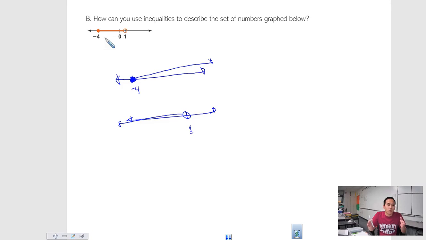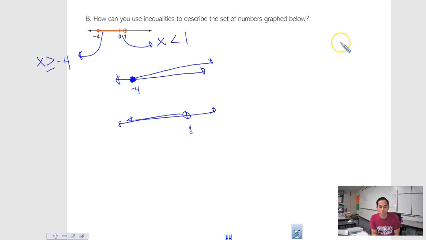So the compound inequality that describes the graph: for this one, we have x is greater than or equal to -4, while on the other one, we have x is less than 1. 1 is not included in the solution for this part.